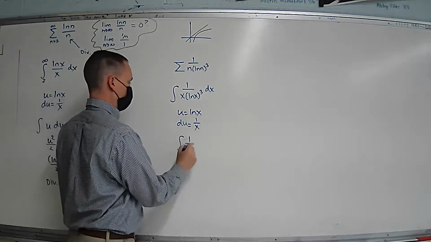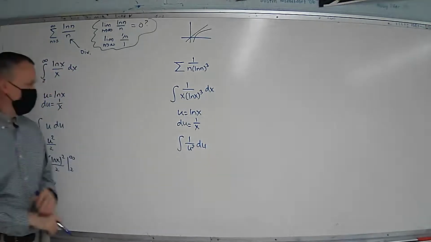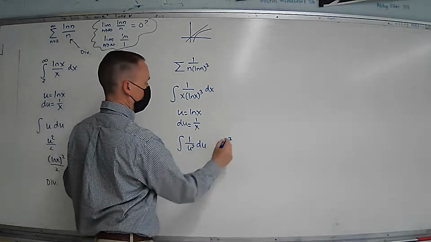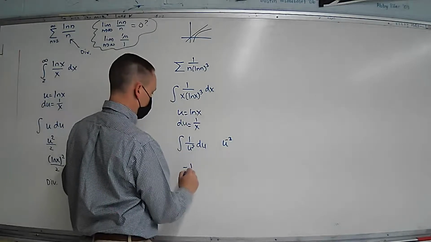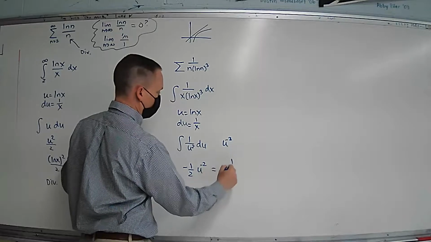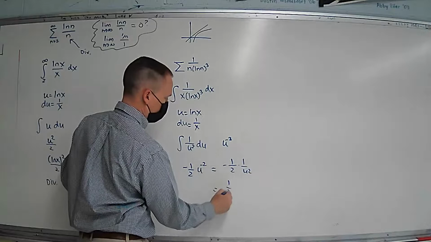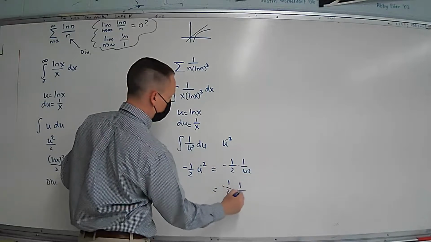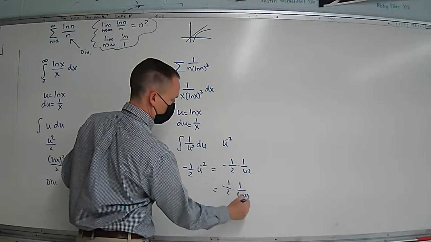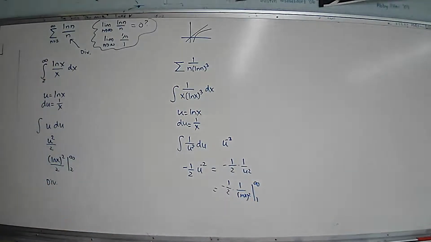So this is 1 over u cubed du. Antiderivative of 1 over u cubed, that's the same as u to the negative 3. So that's negative 1/2 u to the negative 2, or negative 1/2 times 1 over u squared. Does that converge or diverge?